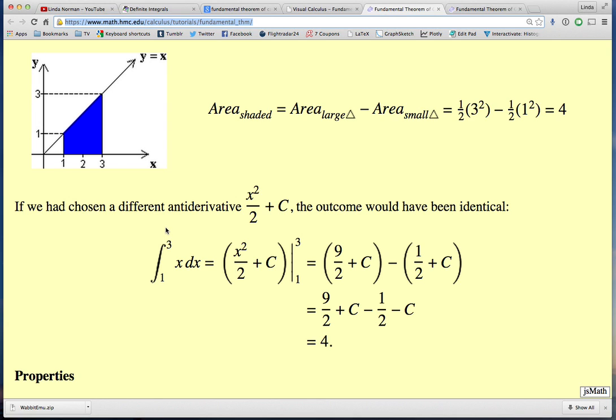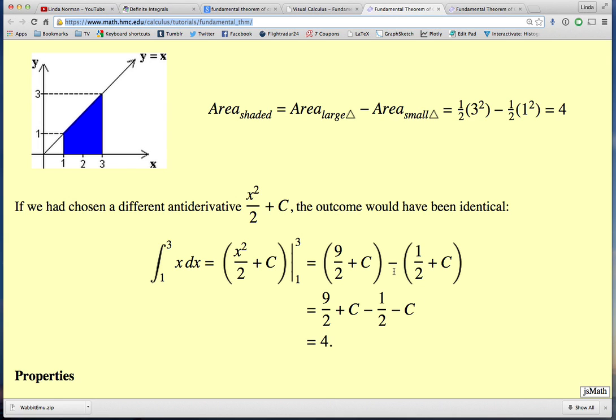Because anytime you take an antiderivative, you end up with a plus c. So I take the antiderivative of x, and I get x squared over 2 plus c, and then I bound that from 1 to 3. And I evaluate. So I do F of 3, so I plug 3 in, and I get 9 over 2 plus c. And I plug 1 in, and I get 1 over 2 plus c.